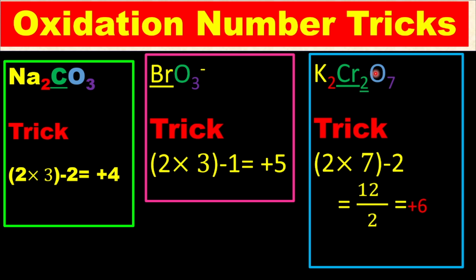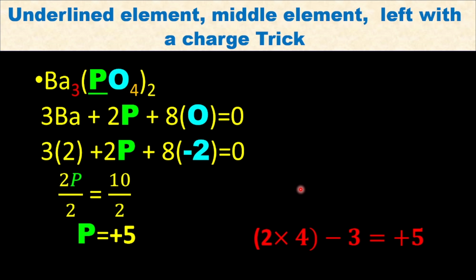Since there's 2 attached to Cr, that is chromium, divide the 12 by 2, and that will give you plus 6. Let's take that again. 2 times 7, 14, minus 2 here, that will give you 12. Divided by 2, and that is your answer here, plus 6.